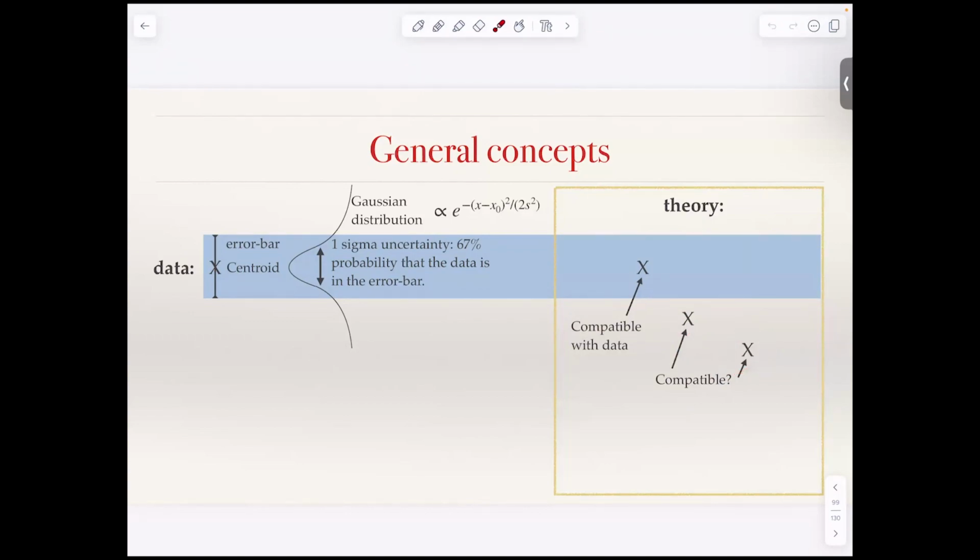Is that correct? Do I translate your answer correctly? Yeah. So you will say, well, this point is closer to my uncertainty than this point, and therefore I may prefer this point over this point.